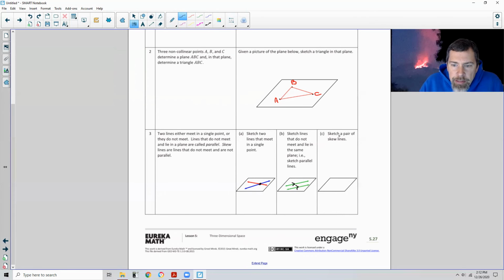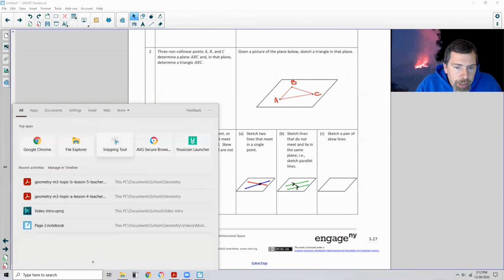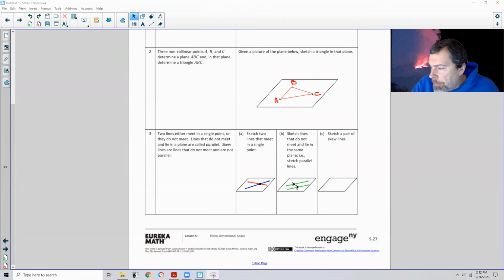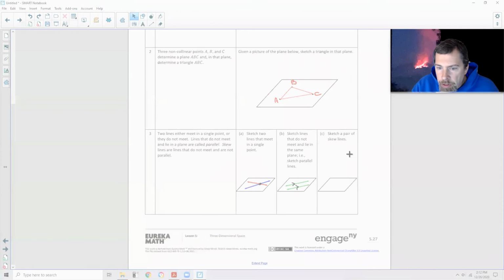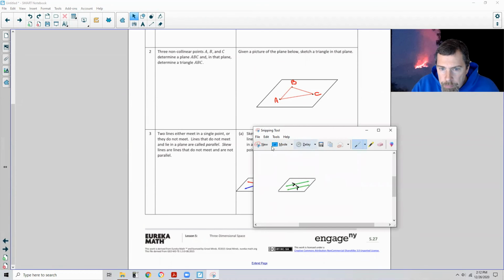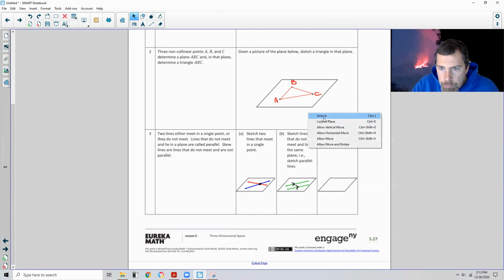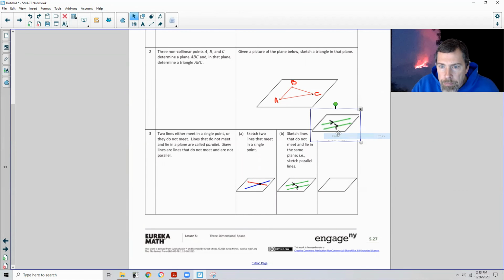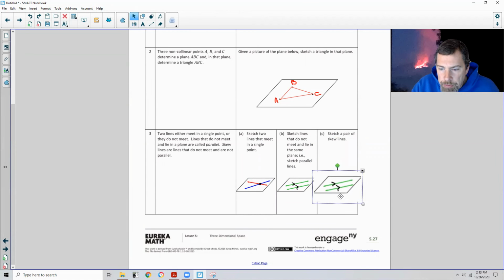And then C says to sketch a pair of skew lines. Okay, this one's going to be a little bit tougher. And so what I'm going to do is I'm going to copy my prior shape. So if I put this right here.